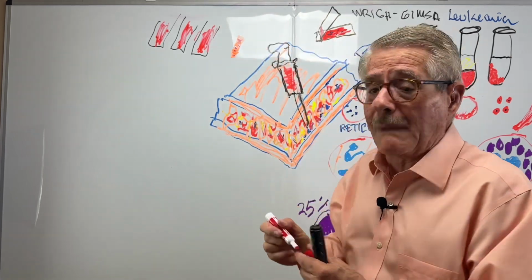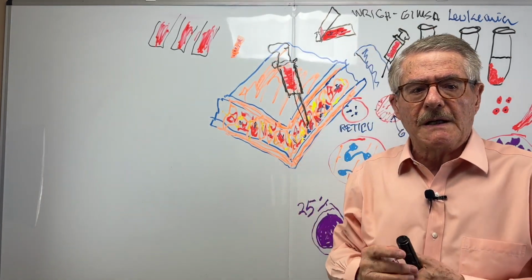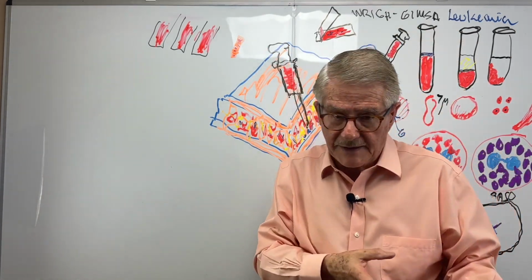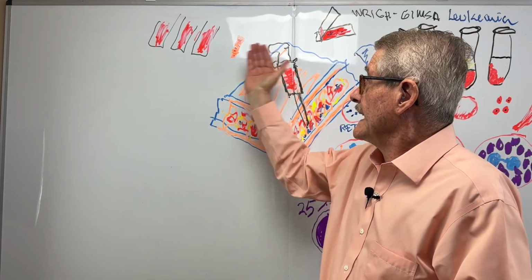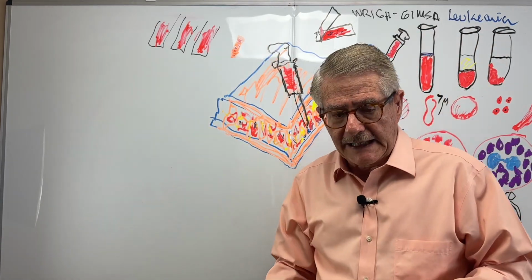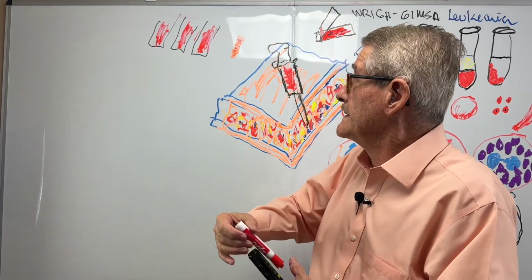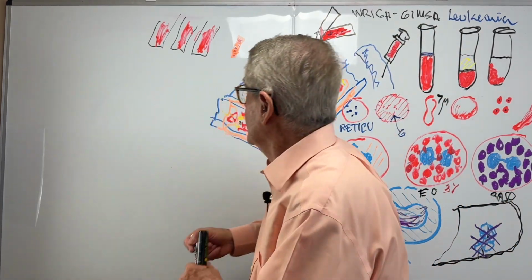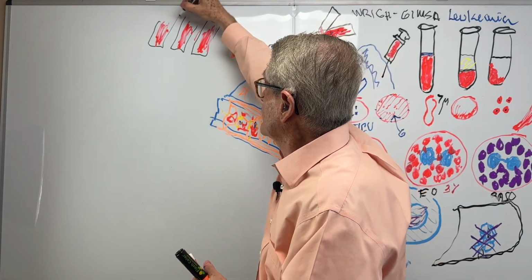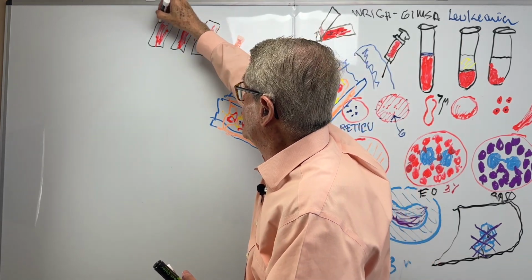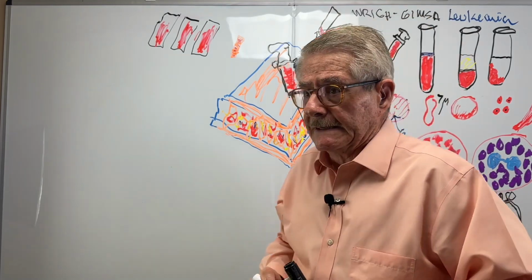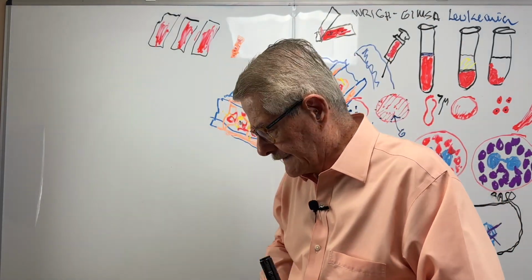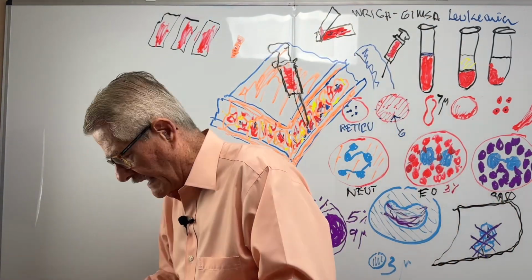Obviously, this bone marrow core will have to be fixed and decalcified, and then sections will be taken, and the hematologist or the pathologist will examine these slides, which I'm going to try to find for us like that. That way you study the bone marrow.